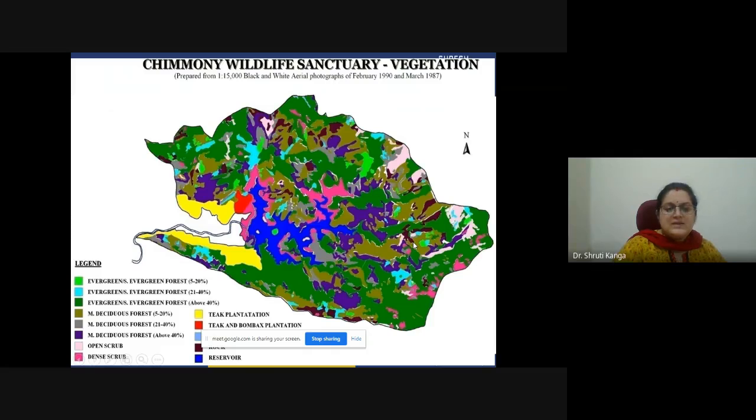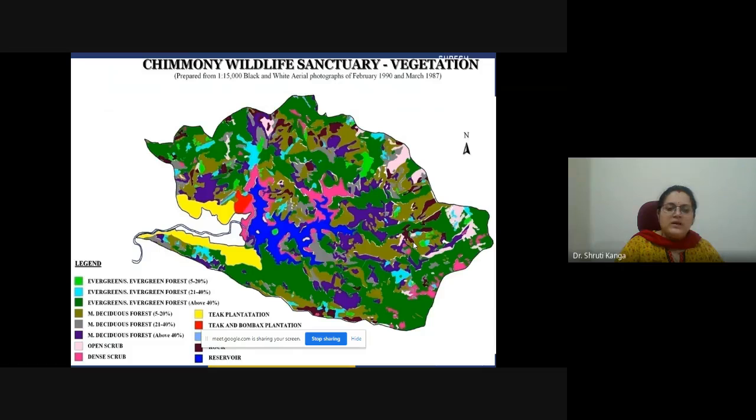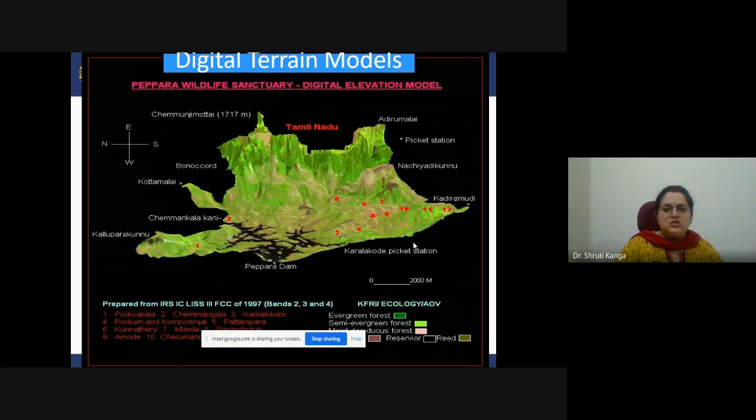So in this case study they have tried to cover as many aspects of a forest as we can cover. We have seen that they have gone through vegetation mapping, and vegetation mapping of a wildlife sanctuary. On the basis of this we can decide what kind of activities can be done, or what kind of wildlife is there inside these sanctuaries.